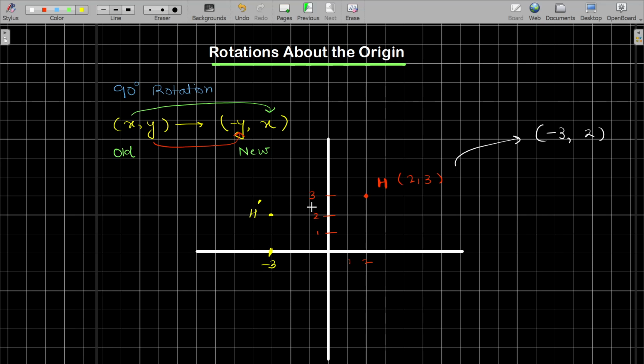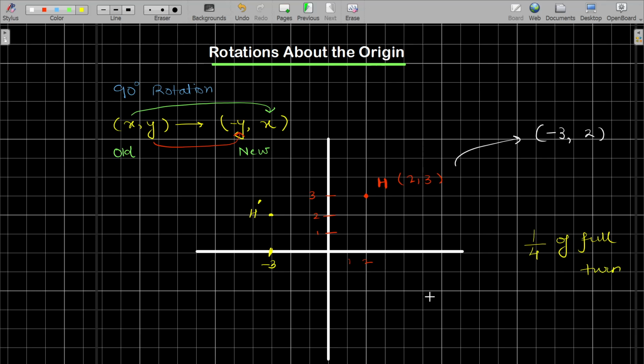What you can also do is use rectangles to see why this works. A 90 degrees rotation is 1/4 of a full turn. Let me write that down. 1/4 of a full turn.